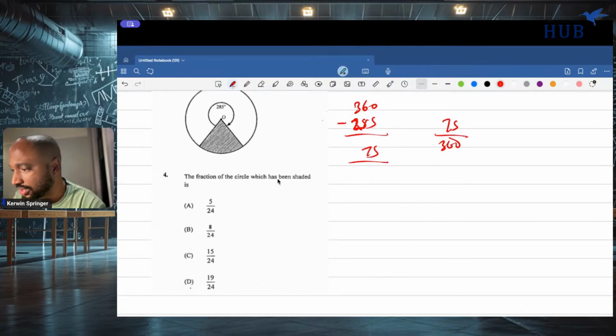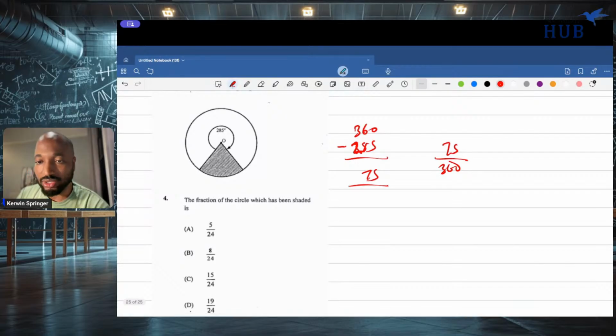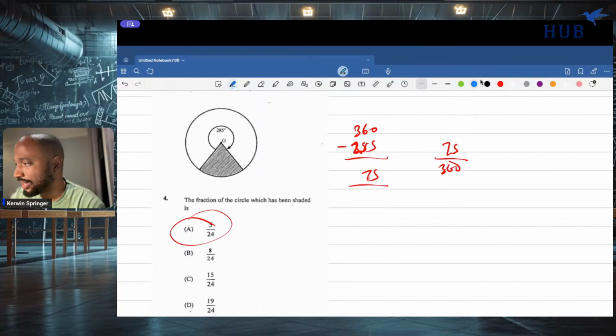The fraction of the circle which has been shaded, the shaded region, not the unshaded region. The unshaded is 19 out of 24. The shaded region is 5 out of 24. I find someone in the chat leading me down the wrong road.